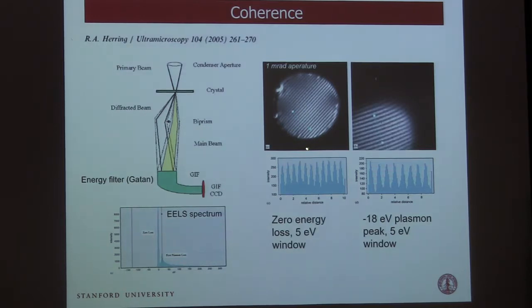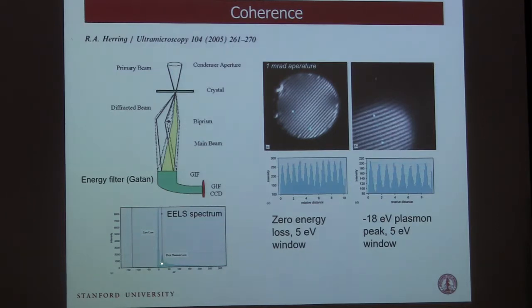And what's amazing is that if you tune this energy filter for zero energy loss, you see beautiful fringes. If you now go to the minus 18 electron volt peak, this is an energy loss spectrum. This is no loss, and then these are the amounts of energy that are lost by some of the electrons.